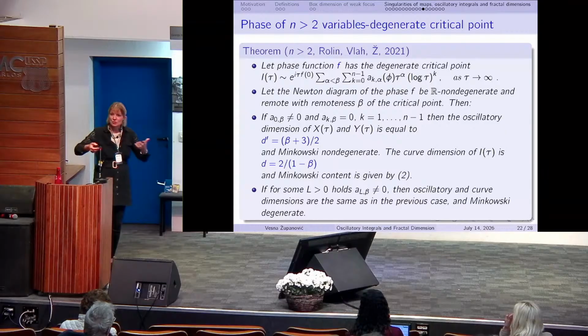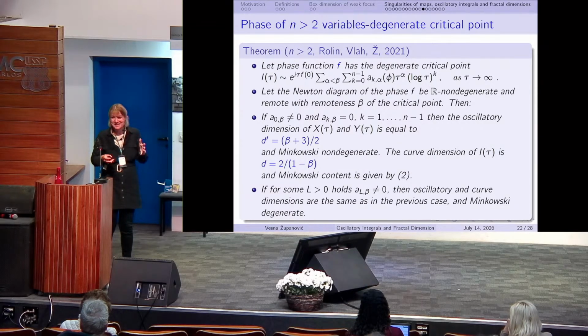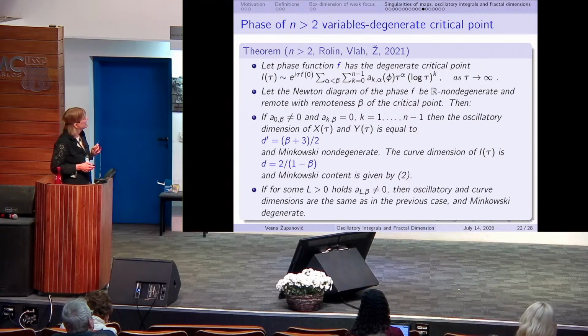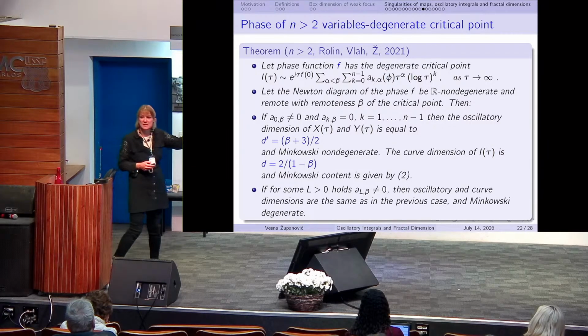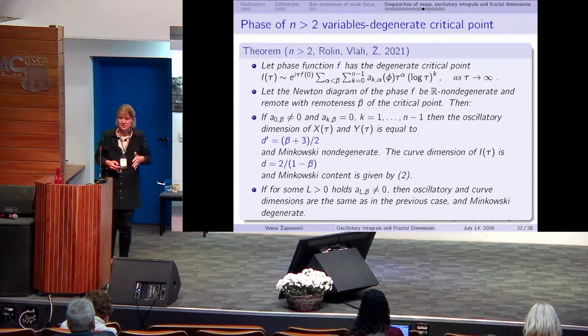And when you plot your curve, if you find somewhere a curve obtained like this with big accumulation, you can see it is obtained by some degenerate singularity. And then there is a case with a logarithmic term and without. Without a logarithmic term it is Minkowski non-degenerate. With a logarithmic term, it is Minkowski degenerate.